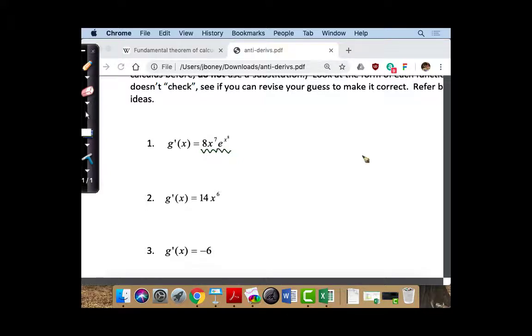If my goal is to find the original g of x, now this one we just did almost precisely, kind of a combination of an 8th power and an e to a power function sort of thing. But what we don't get to do is product rule. I don't get to take the derivative of one part and integrate the second part. That's not how this is going to work.